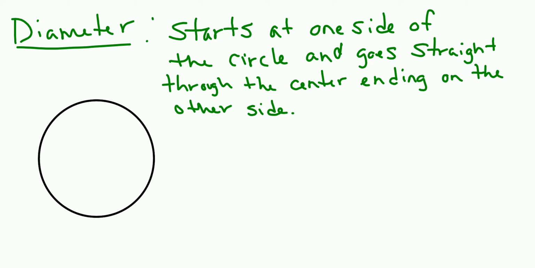So if this is our circle, and this point right here is my center, this is my diameter.